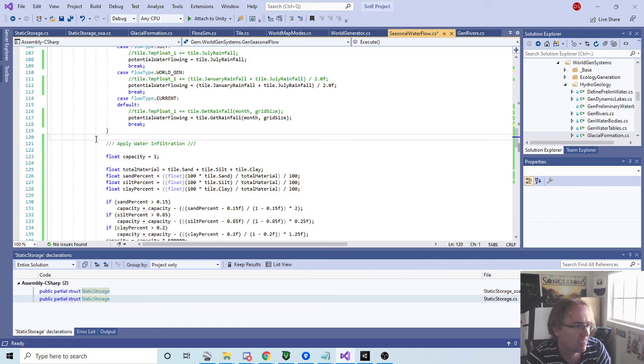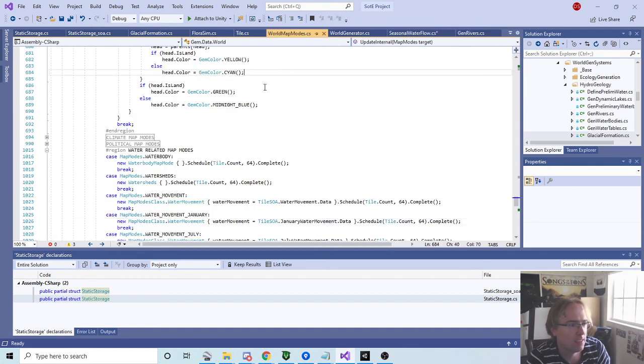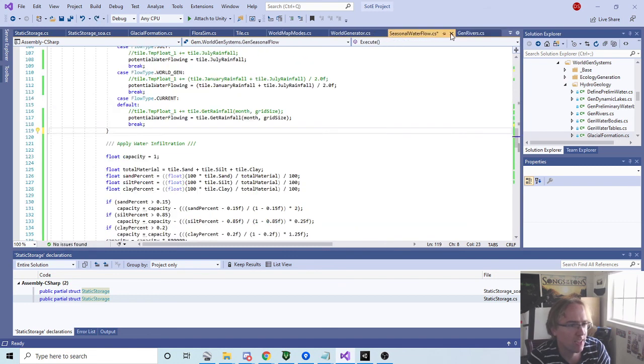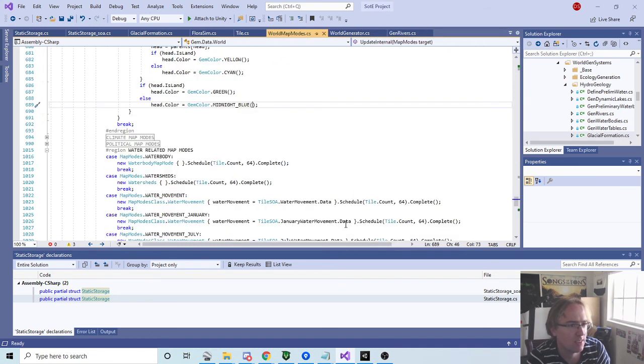Or my little cursor is here, but I can't see. Hold on. Okay, so it's an issue with the file. Alright, I'm gonna close you.